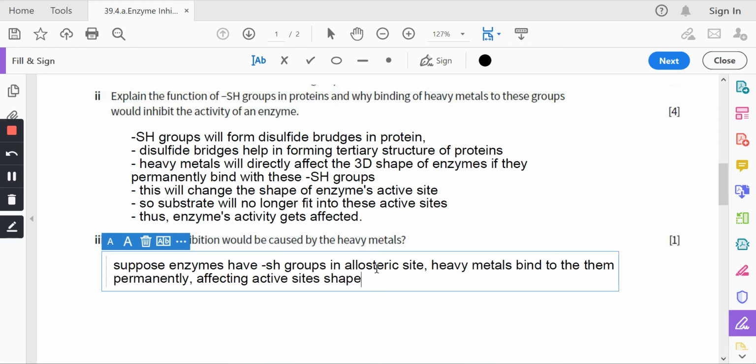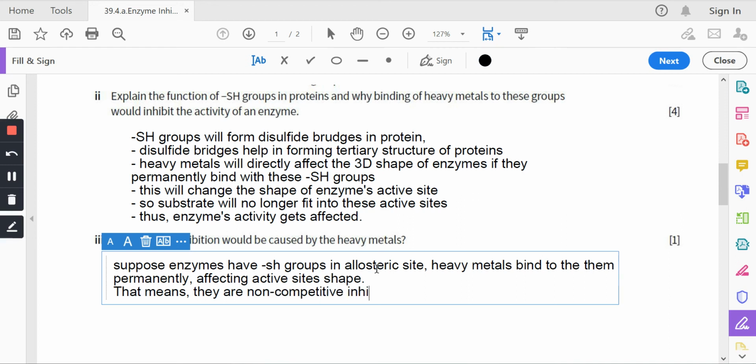Remember, if an inhibitor binds to the allosteric site and affects the shape of the active site, that means they are non-competitive inhibitors.